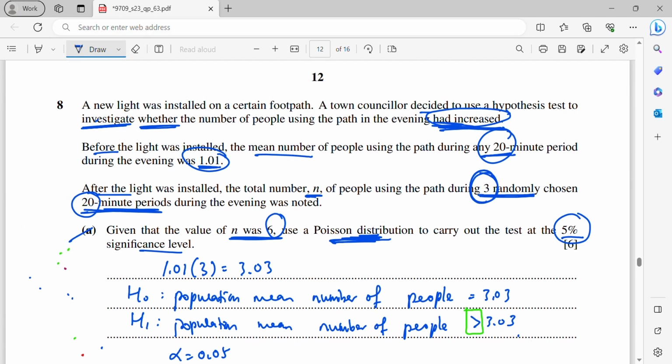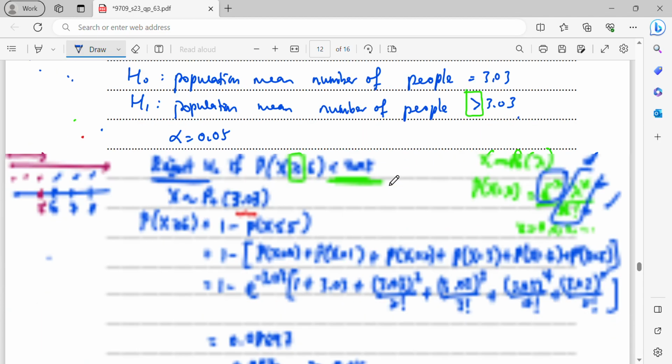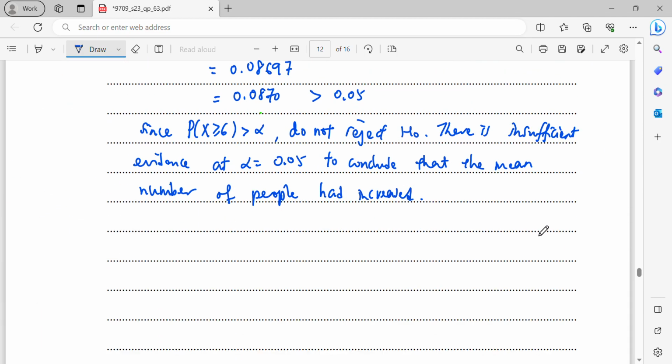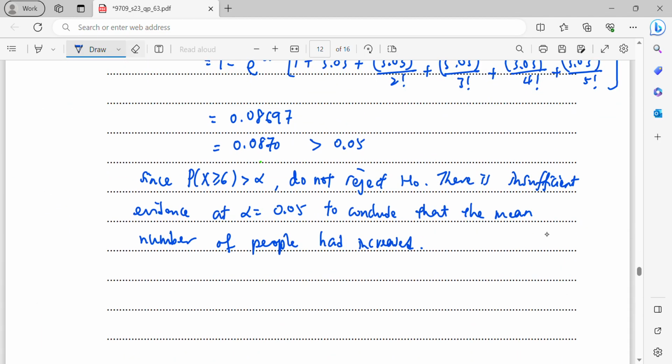You want to check whether it had increased or not. Okay, so that is done for part A.